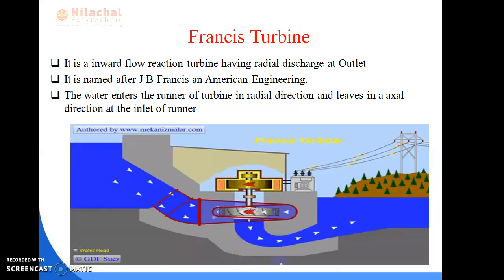Next comes a typical example of an inward flow reaction turbine. As shown in the diagram, we are having an inward flow reaction turbine. As we studied earlier, in an inward flow reaction turbine, the water from the penstock enters the casing at its inlet, that is the outer radius, and it leaves the turbine unit at the internal radius.